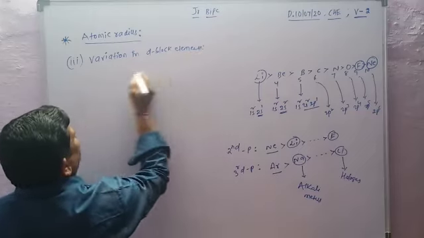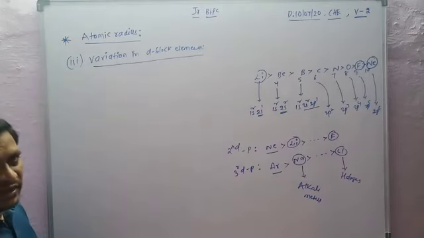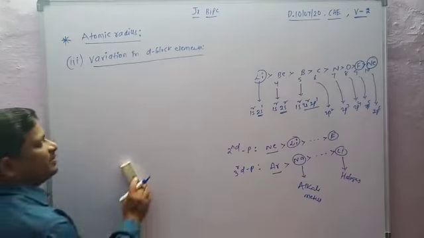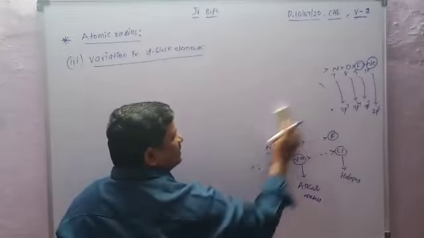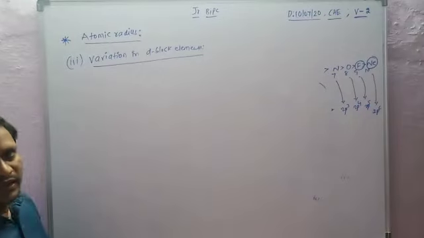Actually, in D block elements, from left to right, atomic number increases, but the differentiating electron enters into the same energy level. So the nuclear charge increases, then automatically size also decreases.